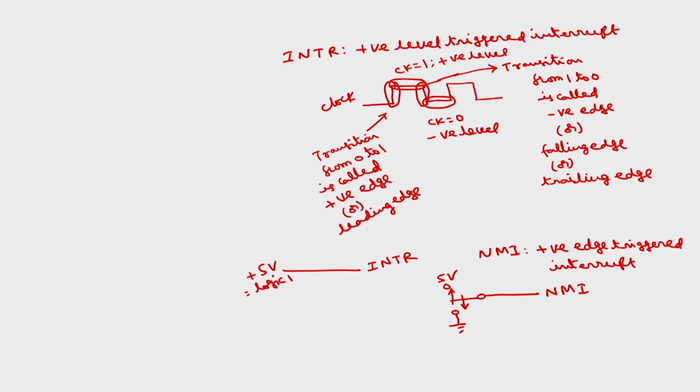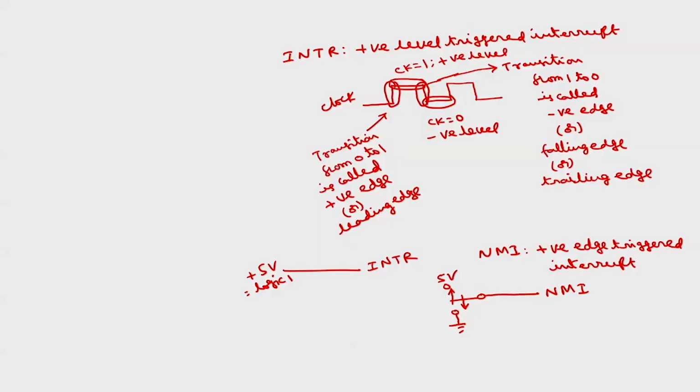So, this is how, whenever the microprocessor wants to execute some emergency program at the external device's request, it will execute that program through the interrupt. The fourth external operation is the hold operation.